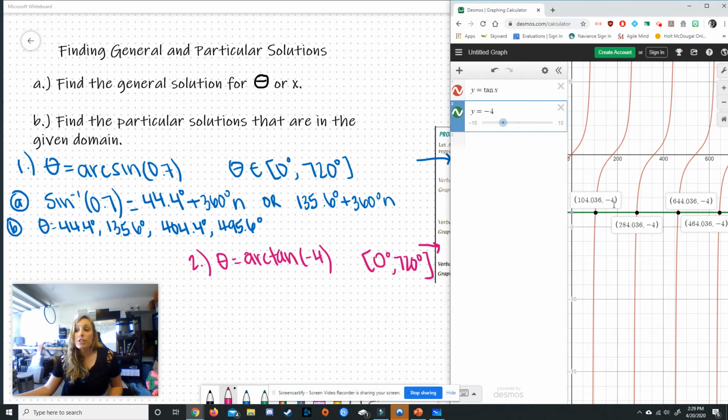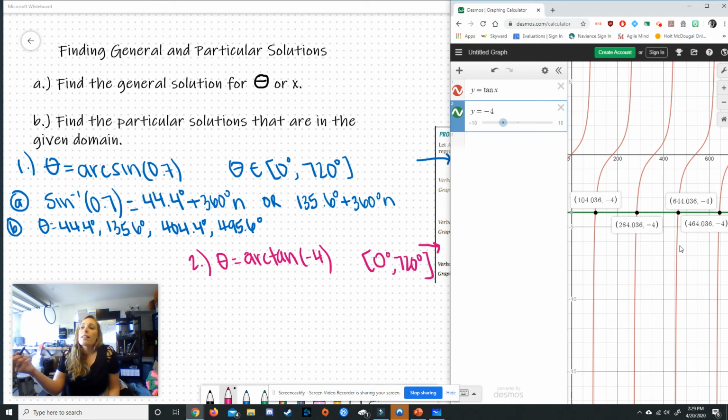So the arctangent of -4 is 104, 284, 464, and 644. All of those are particular solutions within that given domain.